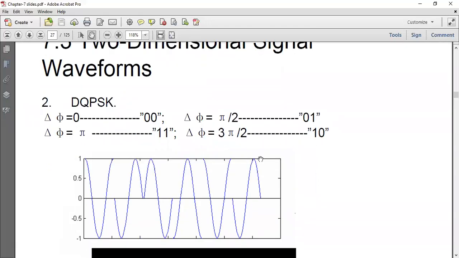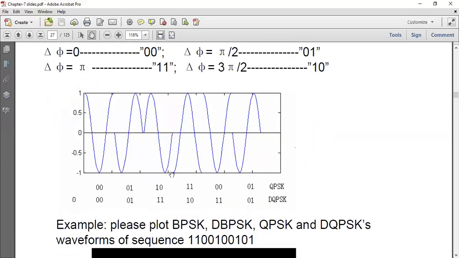Another form is called DQPSK, differential quadrature phase shift keying. In this case, we are sending 2 bits at a time with 4 phases: 0, pi, pi by 2, and 3 pi by 2. You can similarly track how these bits are changing.